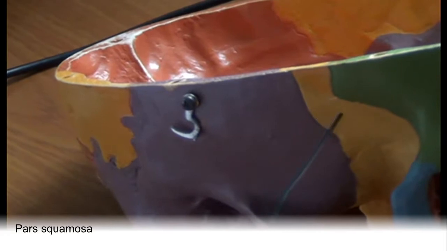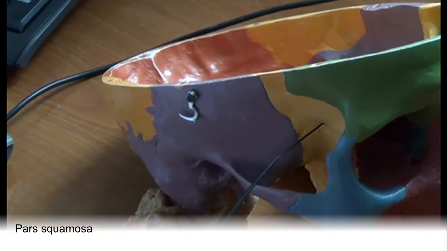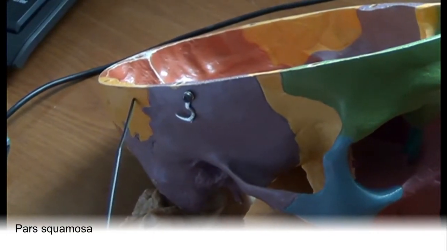So, pars squamosa is connected by sutures with os sphenoidale and os parietale.